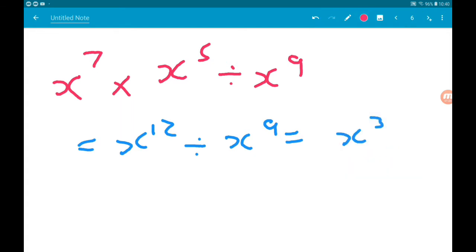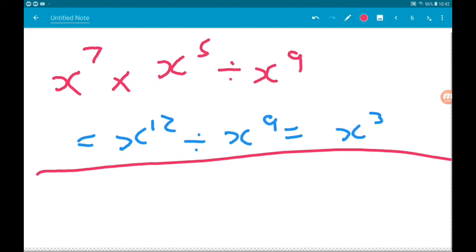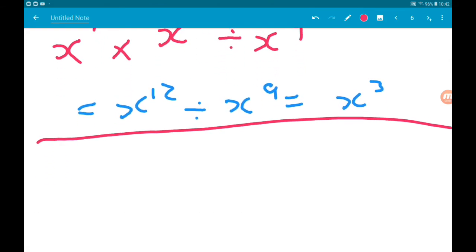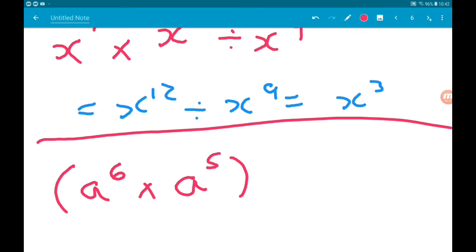Okay. Now, something like a to the power 6 times a to the power 5 to the power 10.